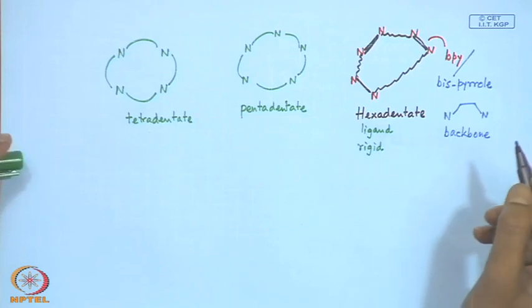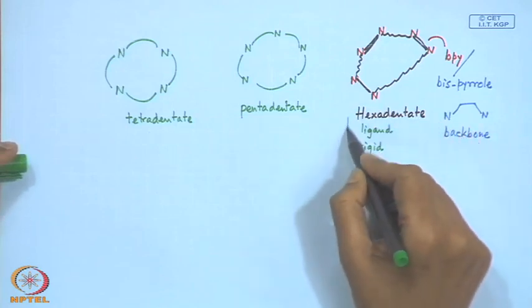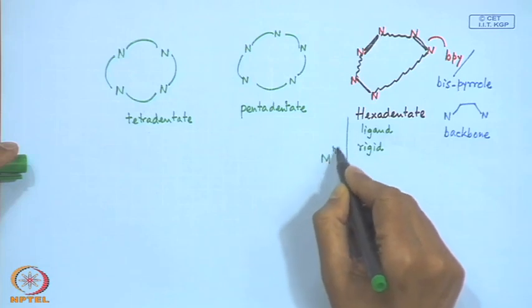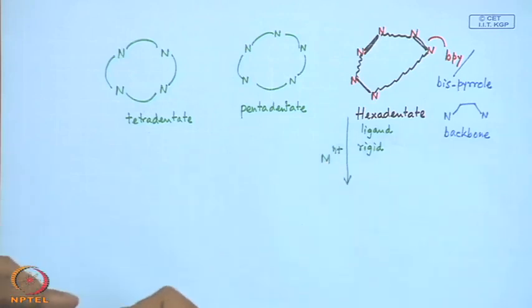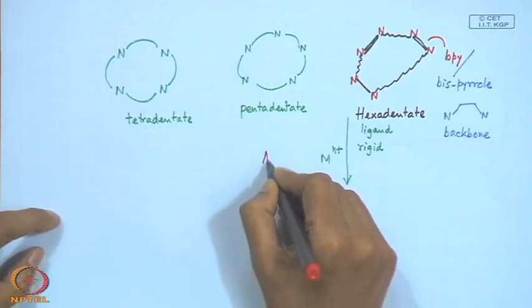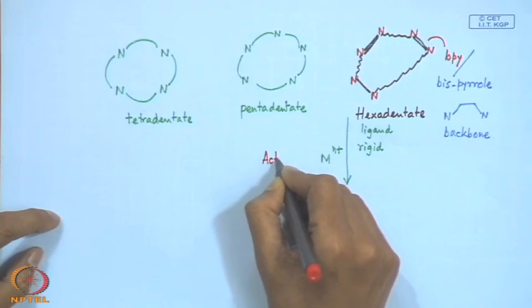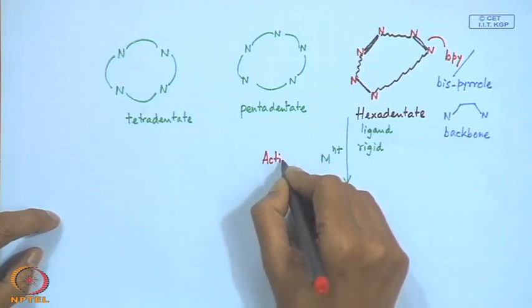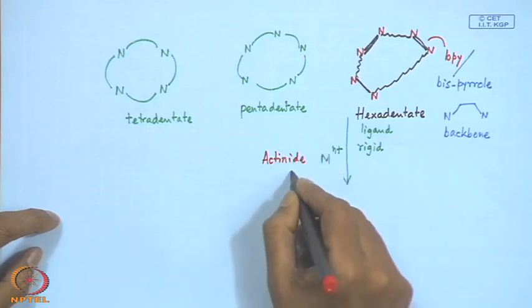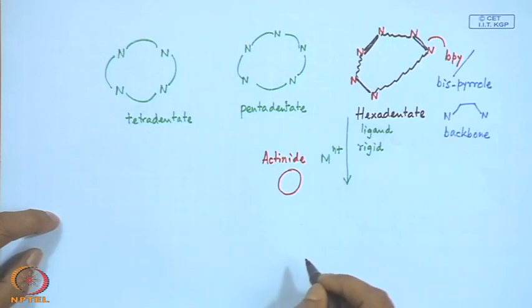That means, when we put in a metal center, obviously that would be a bigger one. It can be from the actinide series, which will be bigger in size.